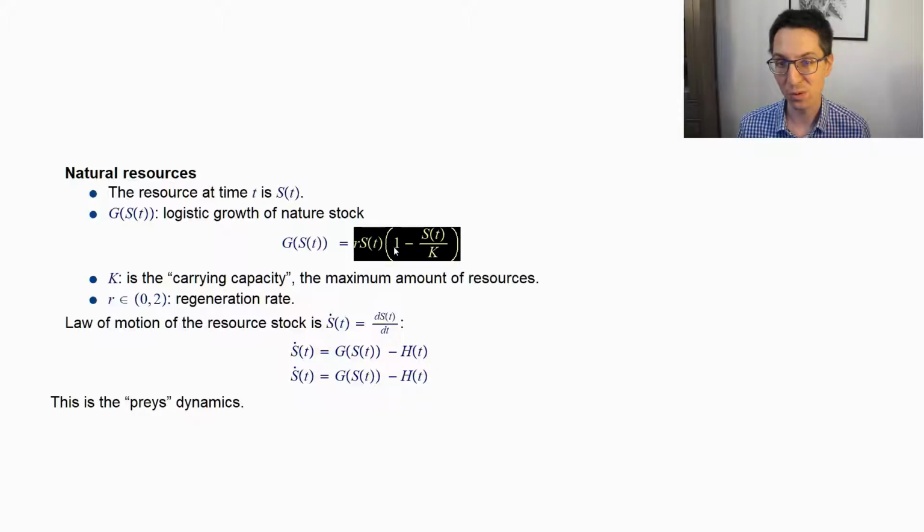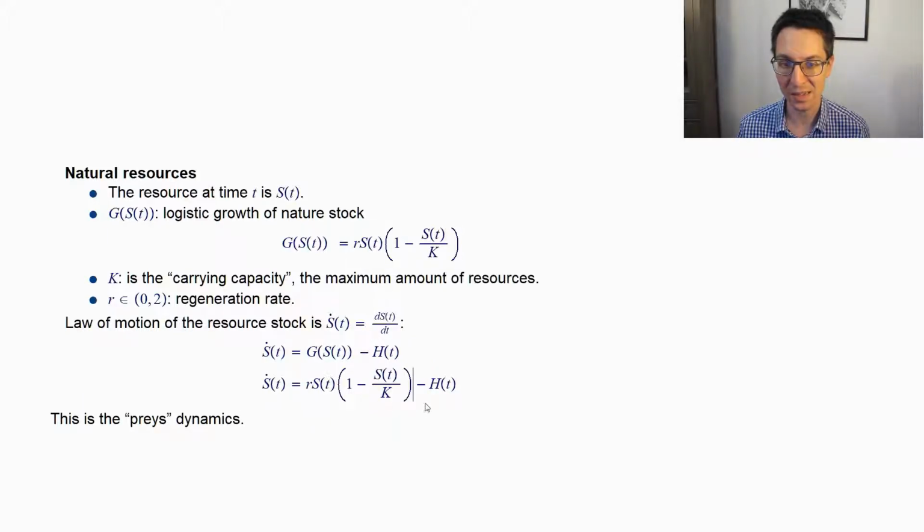We now substitute both functions, so let's write it again as S dot of t equals R S of t, which multiplies 1 minus S of t divided by K, minus the harvest, which is, as we have found, alpha beta S of t L of t.